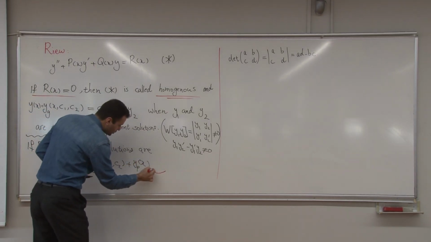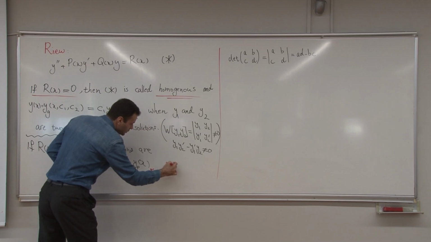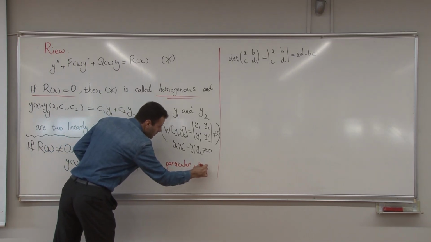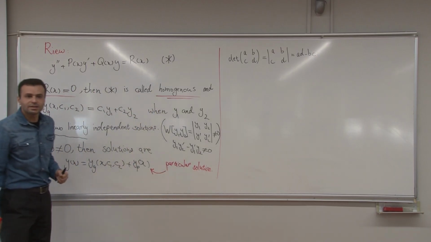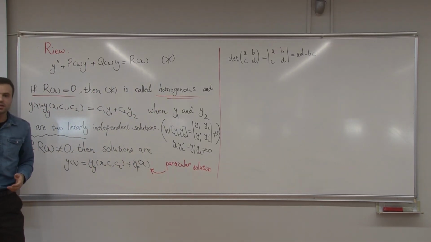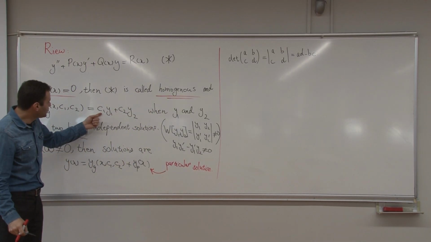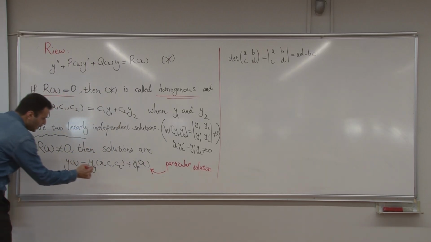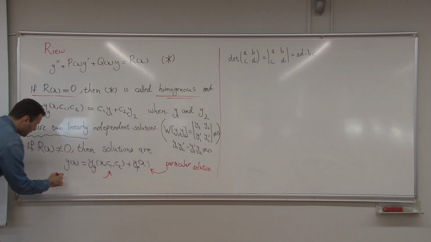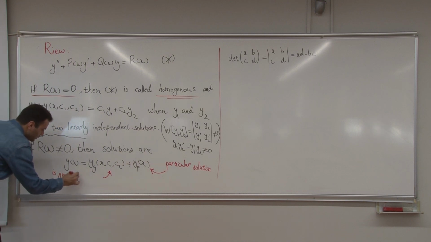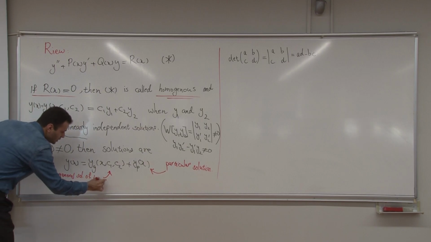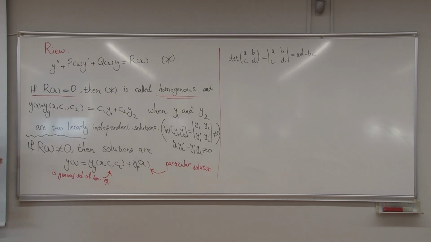This is called the particular solution, and it is a solution that cannot be acquired by giving some values for the parameters C1 and C2. Okay? And this one is the general solution of the homogeneous equation. Okay?